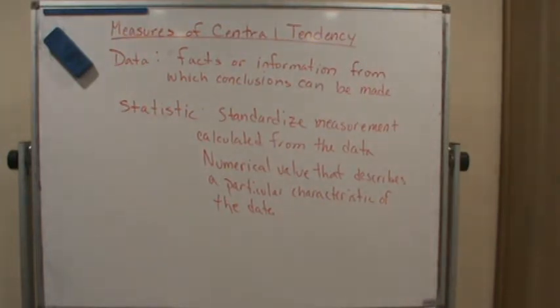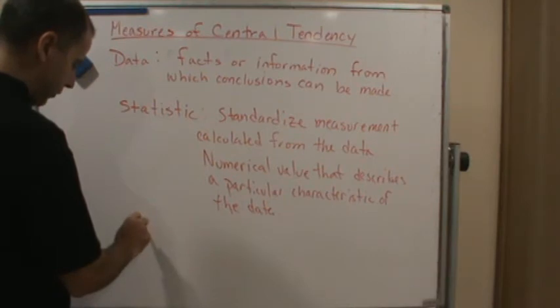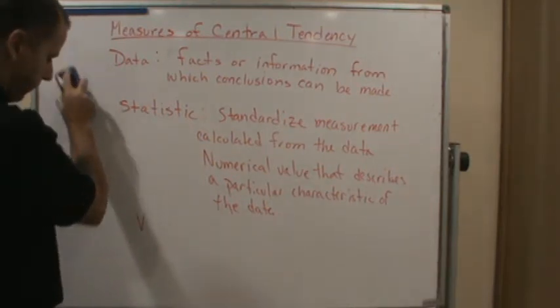The average is the approximate number that is the central value of the data set, so it's a measurement of central tendency. The first one we're going to talk about is the average, or the arithmetic mean, or the arithmetic average, or statistical mean. It all means the same thing. We're going to call it the average or mean.